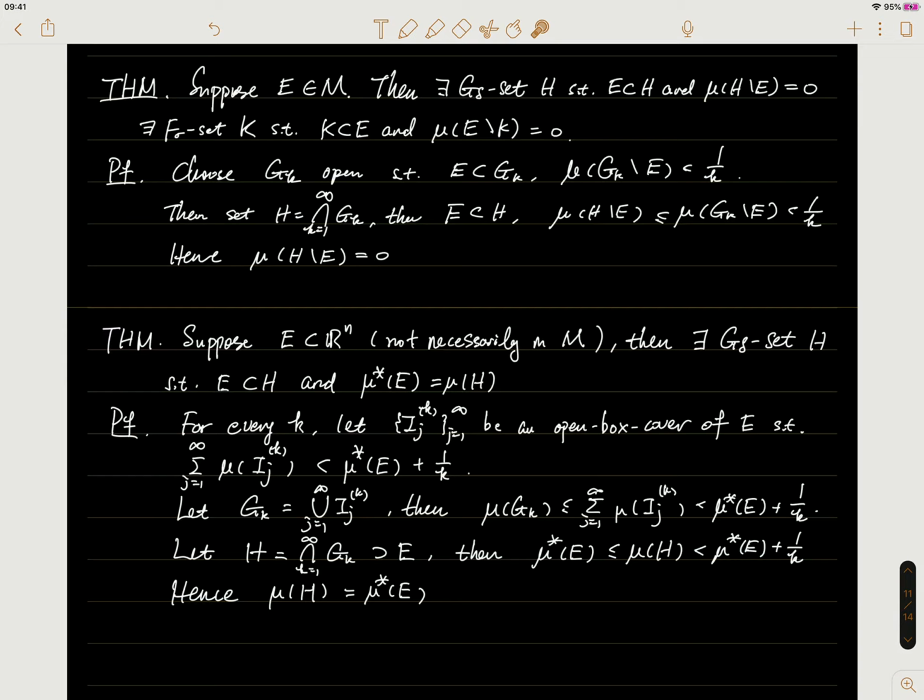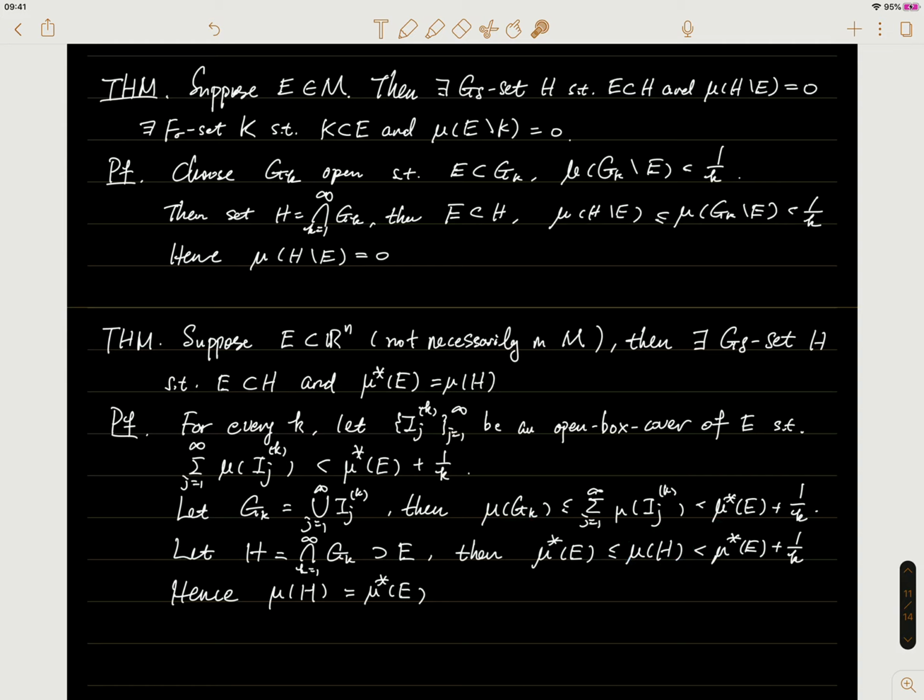Because of that, the outer measure of E is less than or equal to the outer measure of H, but H is measurable, so the outer measure of H is just equal to the measure of H. On the other hand, H is a subset of G_k, so the measure of H is less than or equal to the measure of G_k, which is bounded by the outer measure of E plus 1 over k.